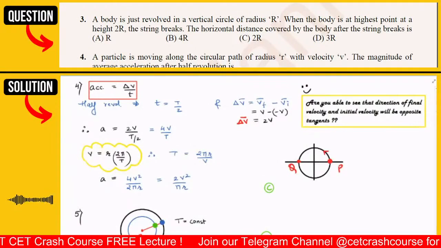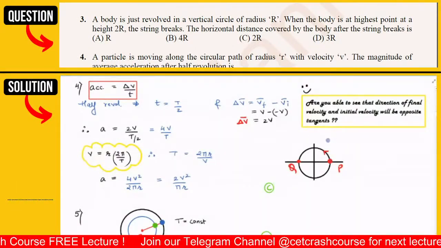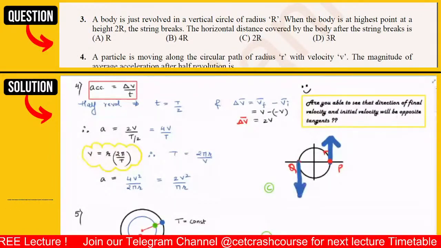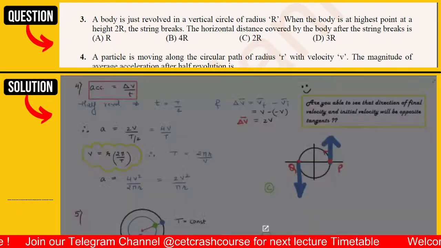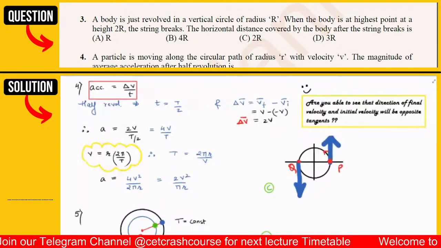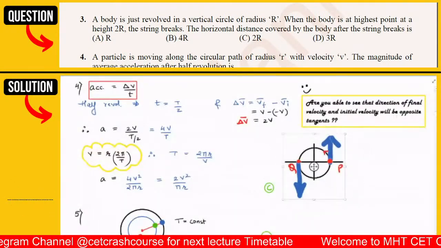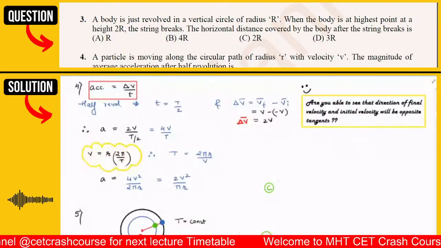Then the direction of velocity at point P will be tangential, and the direction of velocity at point Q is also tangential. Both the arrows are in the opposite direction. So we get the answer as option C.